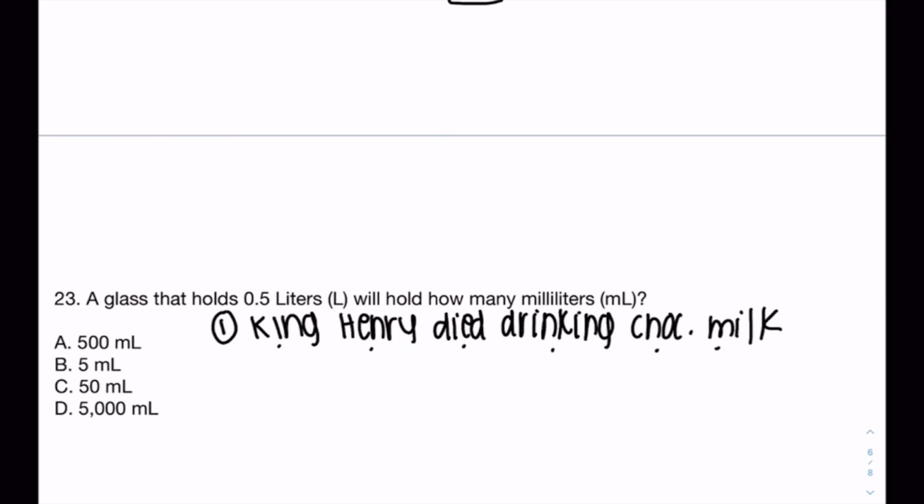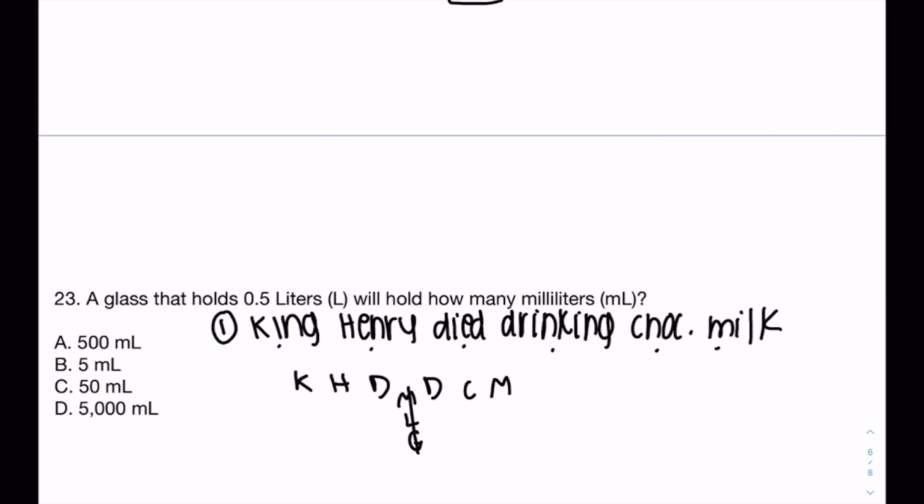Okay, so I always just break it down. King Henry died drinking chocolate milk. And the center is always going to be your meters, liters, or grams. Meters, liters, or grams. And in my notes, I do have a full-on chart, and I have it written out pretty well, so I think my chart is pretty easy to read.